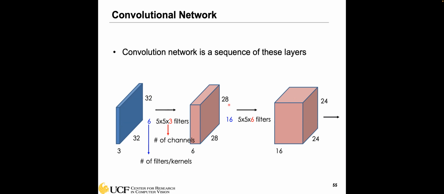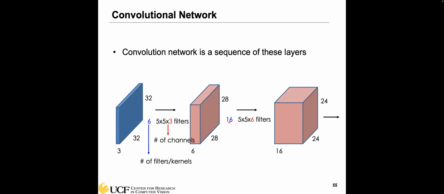And if we don't use padding, we have a reduced feature map. So we end up with 28 by 28 by 6, where 6 corresponds to the channels, because we have 6 filters generating 6 feature maps. Depending on the stride, you also end up with a different spatial size. Now for the next layer, we have to specify the filter size: because the input has 6 channels, my kernel or filters will also have the corresponding channel size of 6.